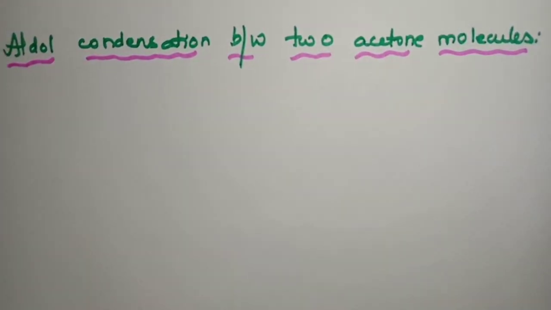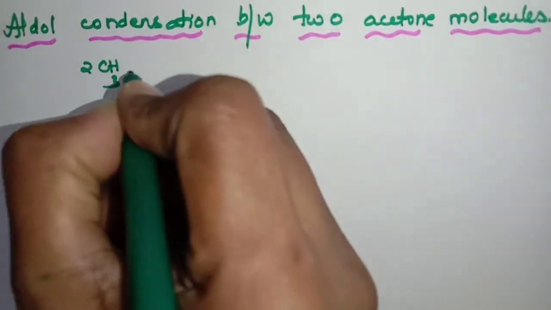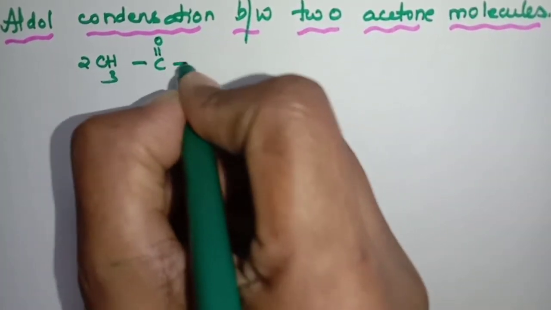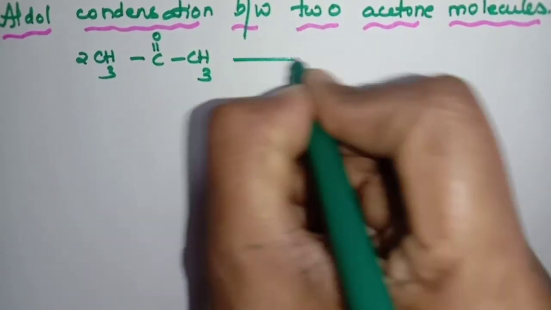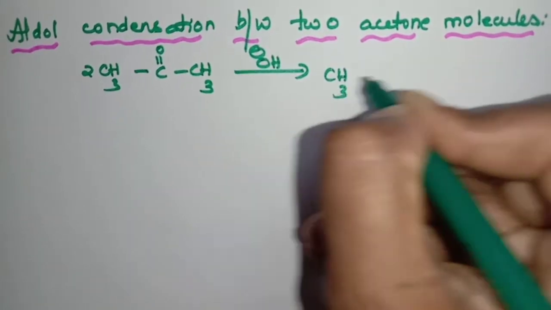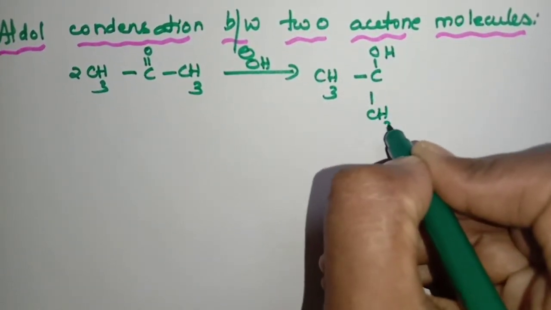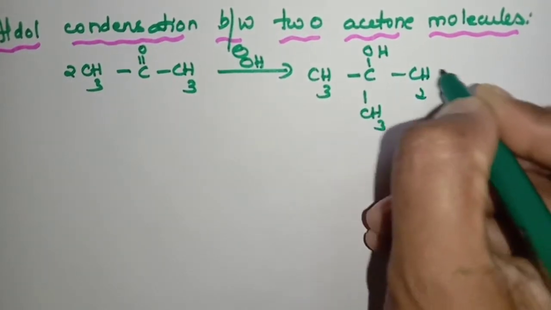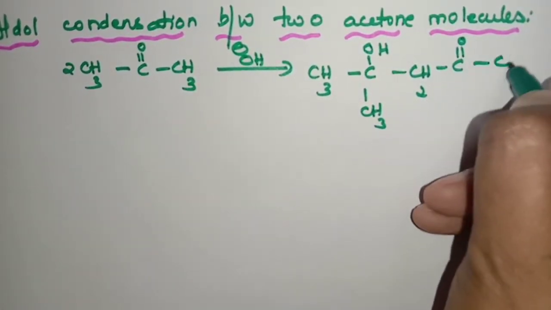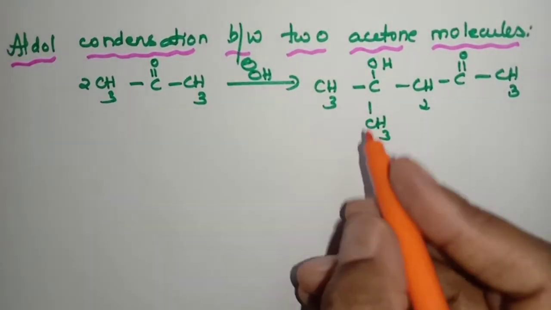It will be like practice for you. So what is the reaction? 2 CH3 C double bond O CH3 in the presence of a base gives CH3 C OH CH3 CH2 C double bond O CH3. Okay. So try to do this, students, on your own.